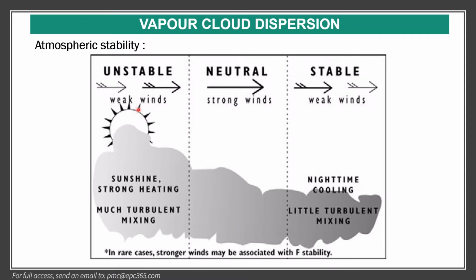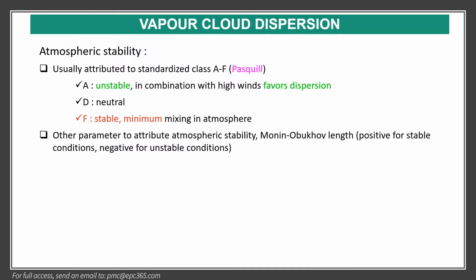Atmospheric stability is unstable if there is sunshine and strong heating, with much turbulent mixing like this and strong wind, and stable with weak winds. Normally a strong wind may be associated with F stability.